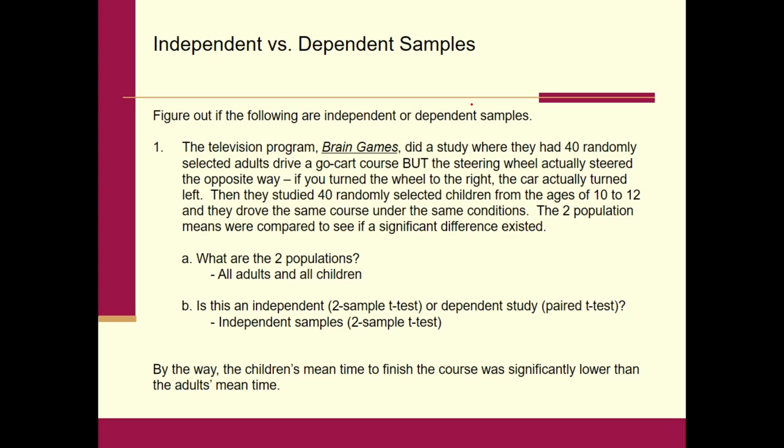Their brain was so ingrained in turning the wheel to the right and the car going right, and so on. But the children were able to adapt very quickly because they were not driving age, and they said, oh, okay, if I turn the wheel this way, that's what the go-kart's going to do. Anyways, it was kind of interesting.